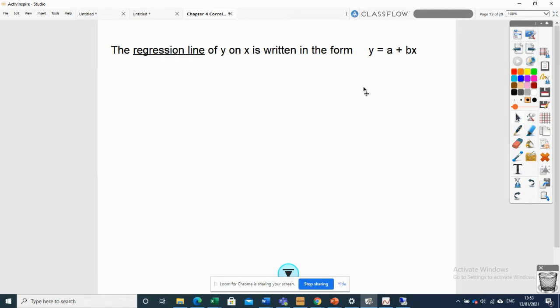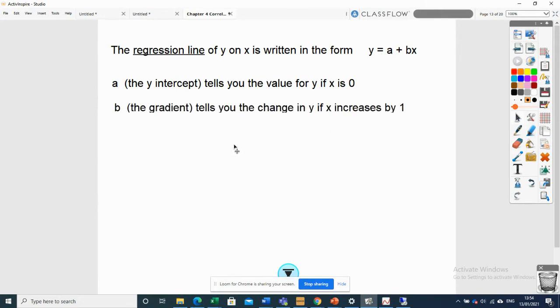Right, so the regression line of y on x can be written in the form a plus bx. Okay, just like I showed you there. So we've got two values which we need to work out. We've got a and we've got b. Okay, so a is the y-intercept, and this tells you what y would be if x is equal to 0.